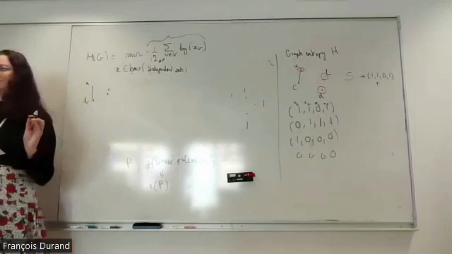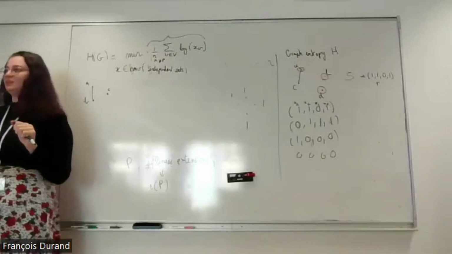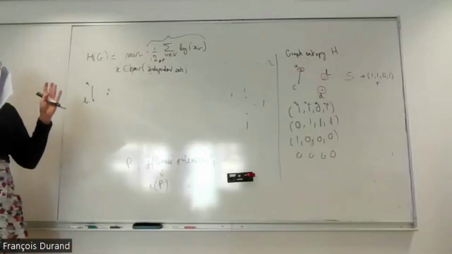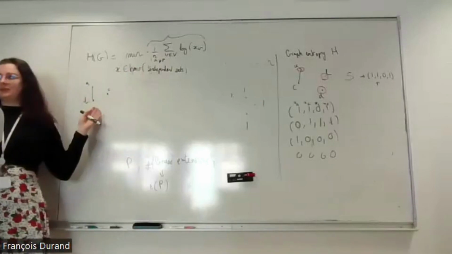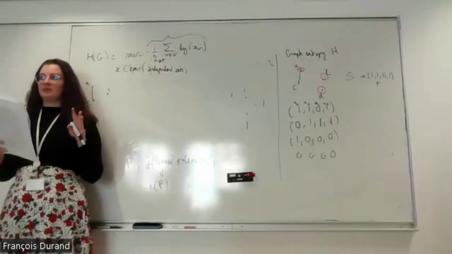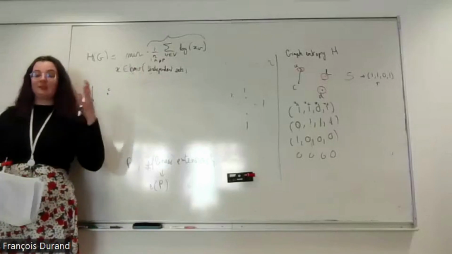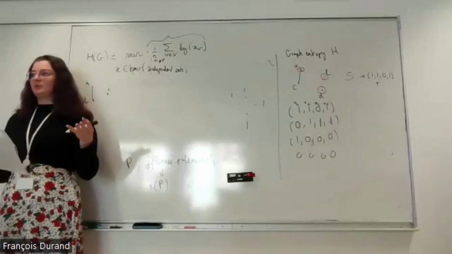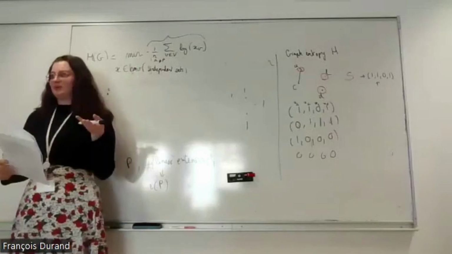Before we go on, why is it called graph entropy? So entropy, okay, at the beginning, this was not used for sorting. The entropy was defined to calculate how random a random variable was and how it could surprise us.